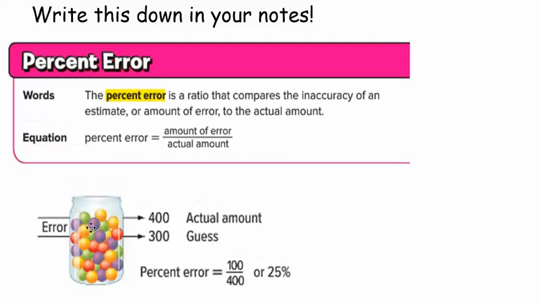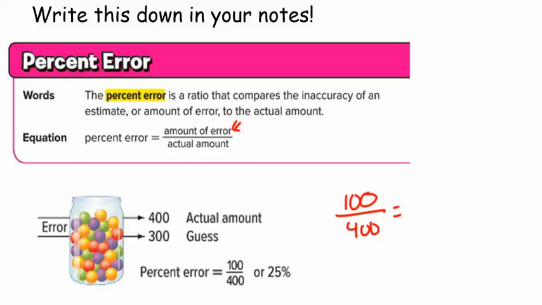In my example, the actual amount was 400 and my guess was 300. So the amount of my error was 100 off, over the actual amount, 400. Then just change that into a percent. Make sure you have that down in your notes.